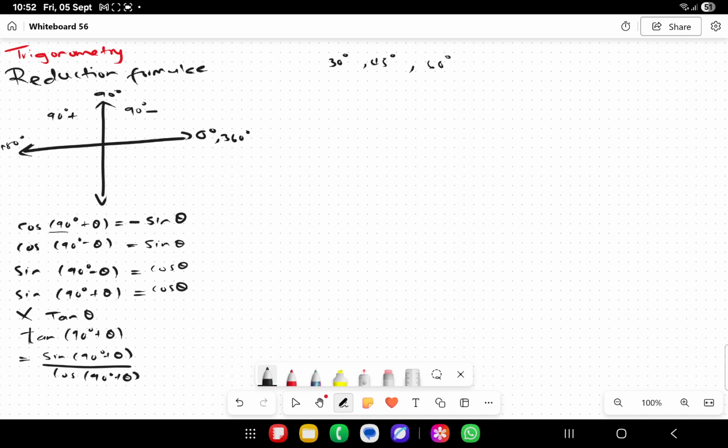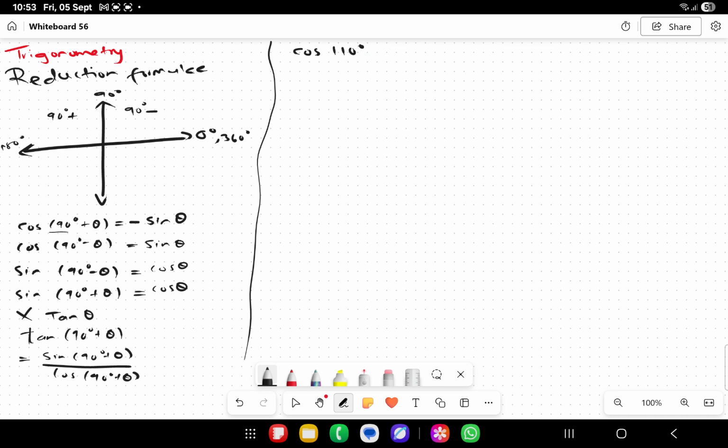All right. Now, this is what you must know, and how does it apply? I am going to give you an example. If, for example, I have cos 110 degrees, if I try to say 180 minus, I won't be able to use 30, 45, or 60.